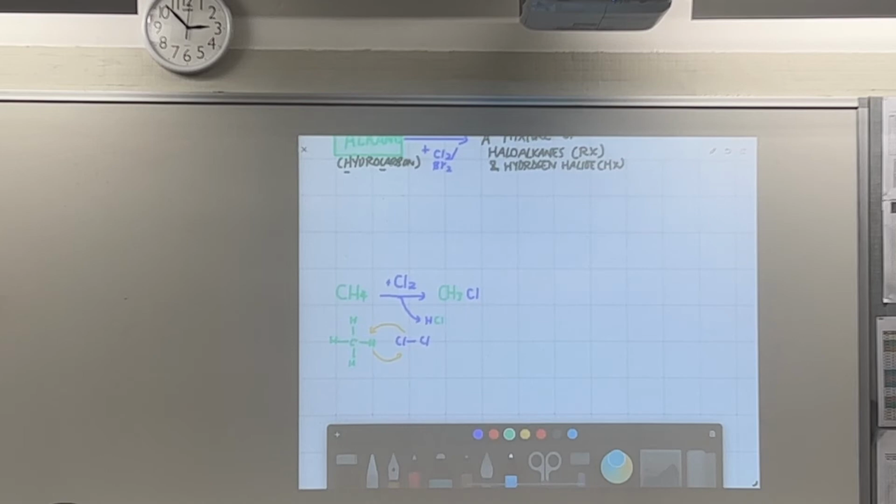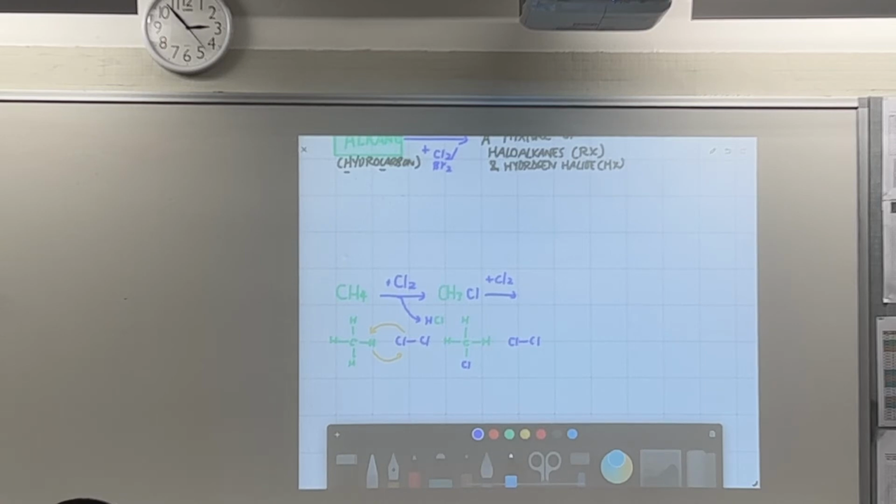Let's continue. We will then substitute a second time. The molecule is not completely rid of C-H bonds yet. We still have 3 C-H bonds remaining, so let's keep on substituting. What's the next product?